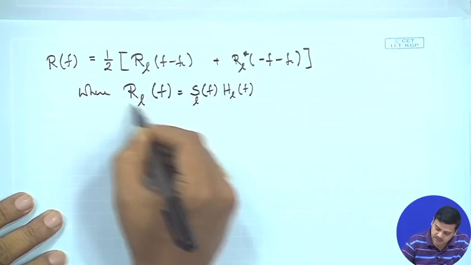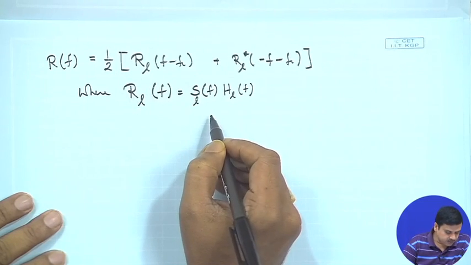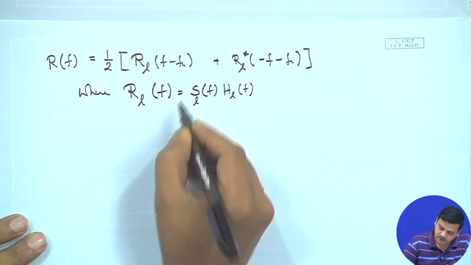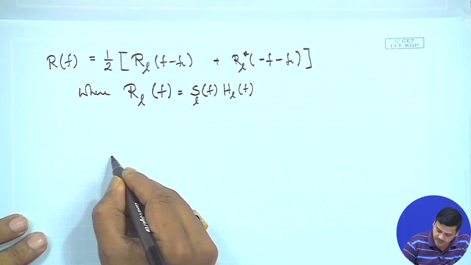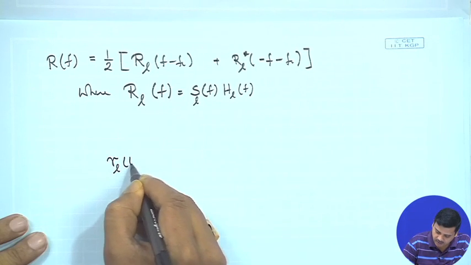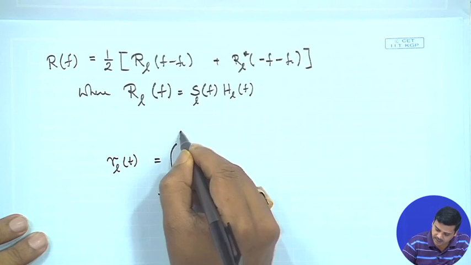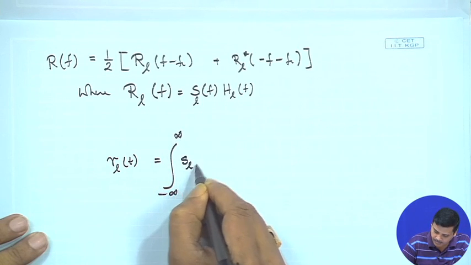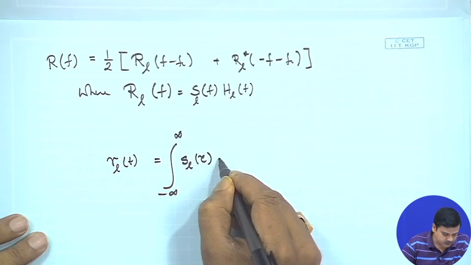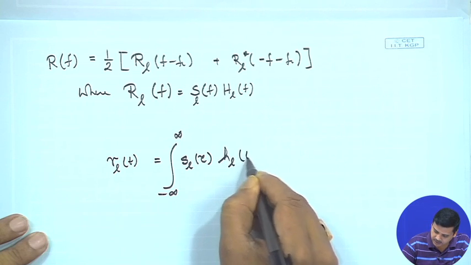And since this is a multiplication in the Fourier domain, in the frequency domain, what we have is R_L(t), what we had defined before, we could write this as convolution of S_L(t) and H_L(t).